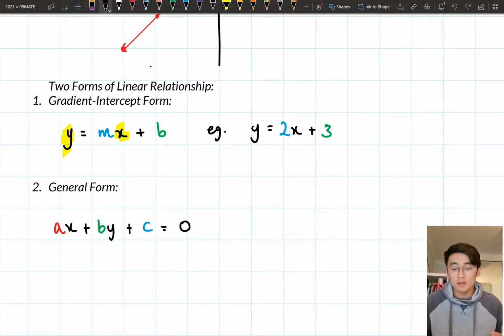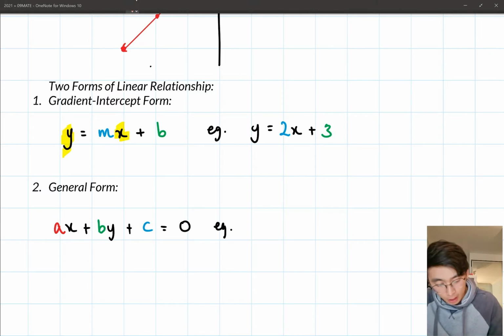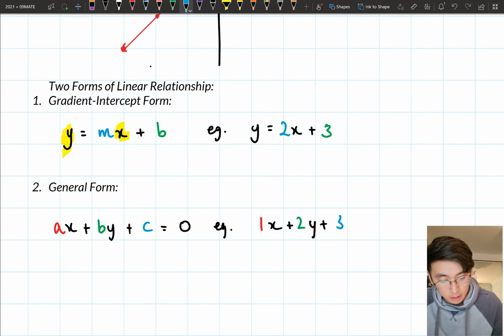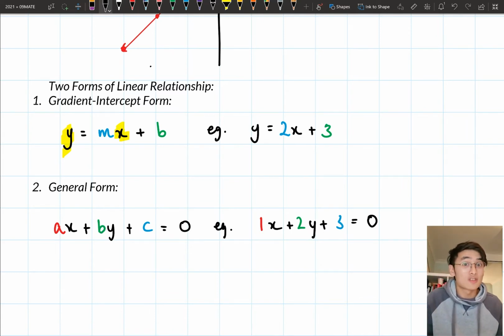So once again here, just like my m and b before, a, b, and c are just three random numbers. So you can pick any three random numbers. For example, let's pick 1, 2, and 3. So if I picked 1, 2, and 3, I would have 1x + 2y + 3 = 0. If I have this particular rule, this would give me a straight line.